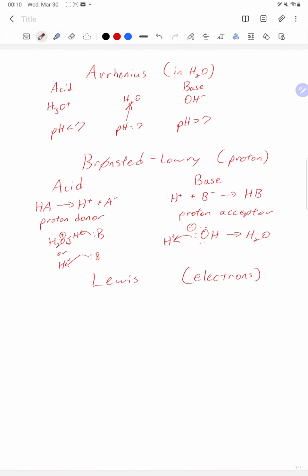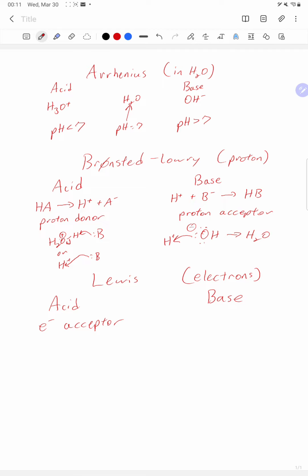The Lewis definition now deals with electrons. And actually the arrows I drew are showing the electron flow. So you see the acid, the H+ or H3O+, is accepting electrons. So this is an electron acceptor. Whereas the base is giving up its electrons. It tends to have negative or neutral charges.